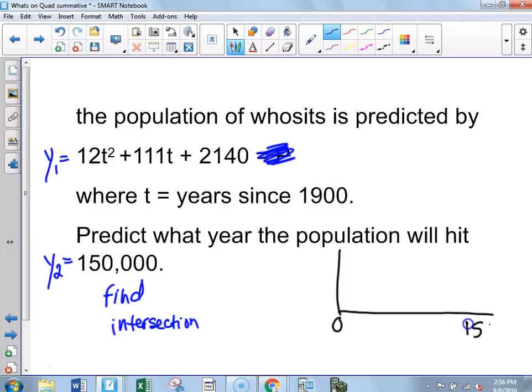So, I don't know, try 150. I'm just guessing. You could start with 100, go 200, try whatever. All right, what about the Y? We are going to get a straight line at 150,000. We already know that because we typed that in, right? So in this window, you could put 150,000. I probably put 200,000.